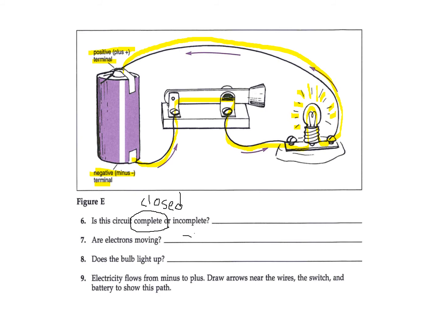Electrons moving? Yes. The light bulb lights up? Yes. And it says electricity goes from minus to plus. Draw arrows, and it's already been drawn for you. So it always goes from negative to positive. Okay?